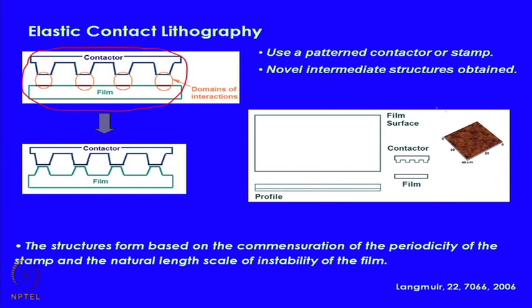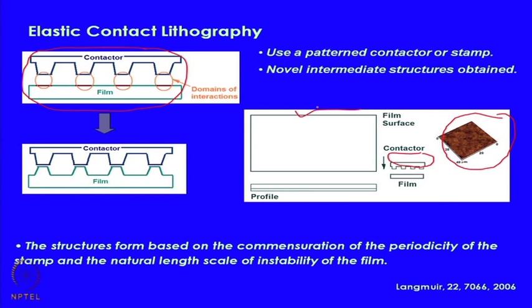So, here is a flat elastic film to which a simple grating contactor is approaching, and we will have a cartoon over this zone to show you what exactly happens. As the contactor approaches, first it is far away, nothing happens.